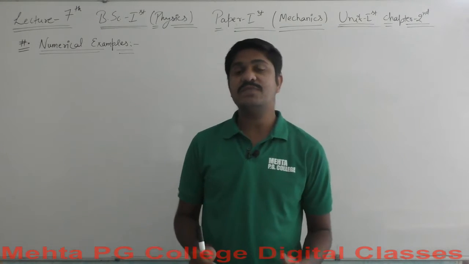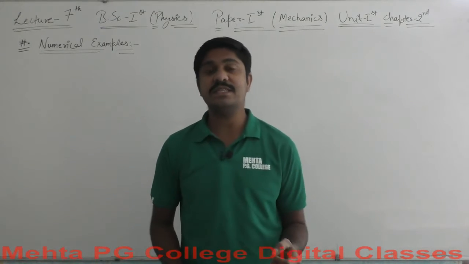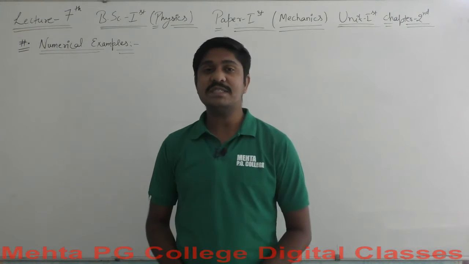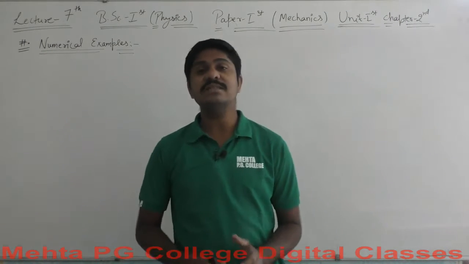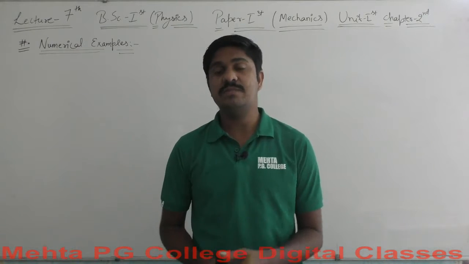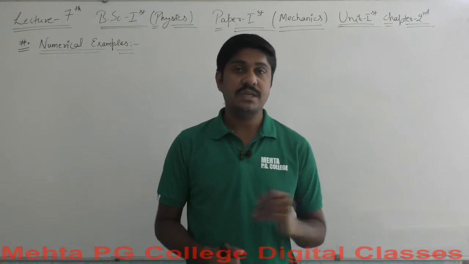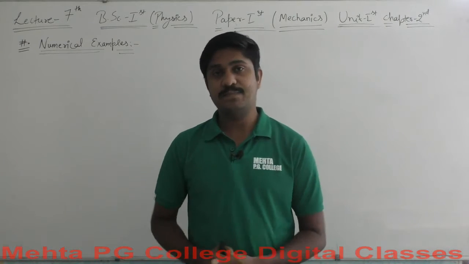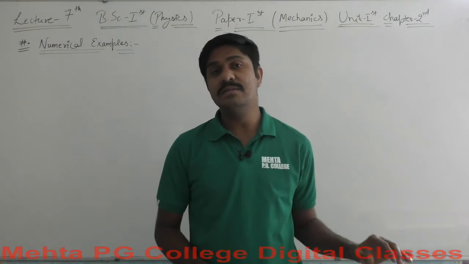And today in this video, this is the lecture 7th recorded for BSc first year physics for the paper first, mechanics, although it is the unit first but the chapter 2nd. Today in this video we will enhance our knowledge by taking some numerical examples into consideration. In this video we will talk about how and how much the Coriolis force takes its impact on the bodies which are at rest or which are in motion.